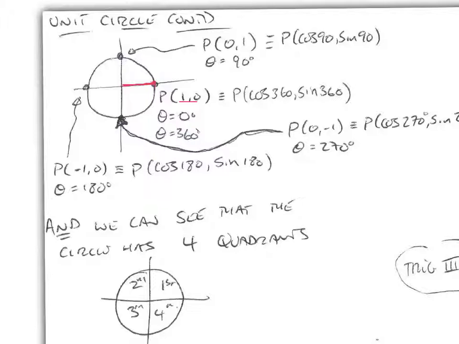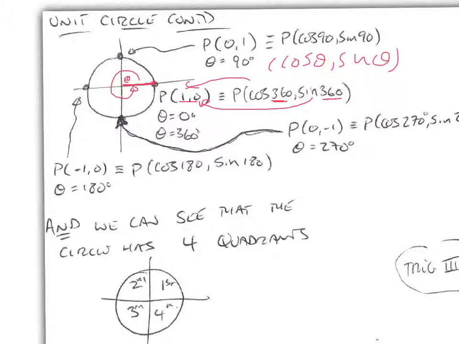But we said earlier that if we had an angle theta, and at the moment our angle theta is 360, then the coordinates of this point could also be represented by cos theta, sine theta. If we plug in theta = 360, we see that the cos of 360 is 1 and the sine of 360 is 0.